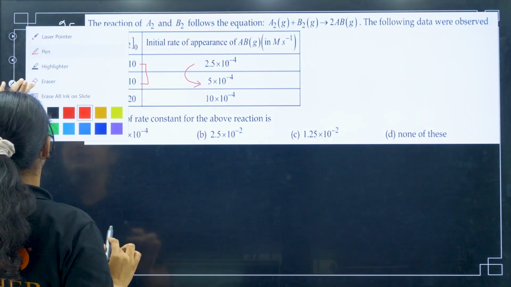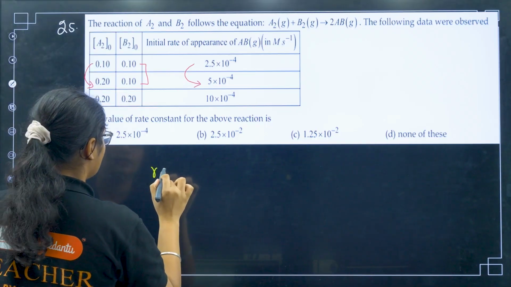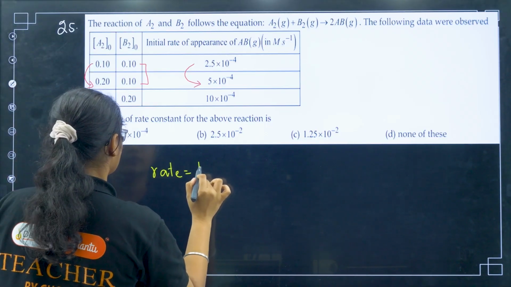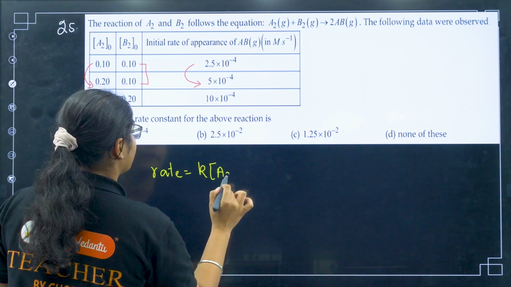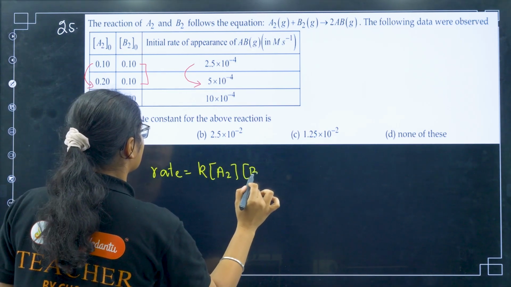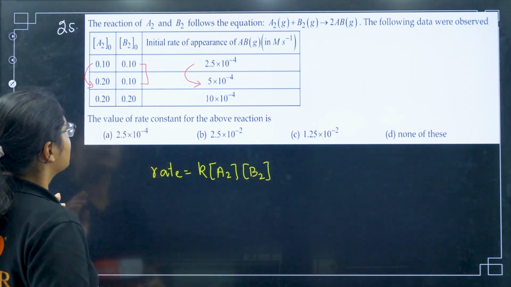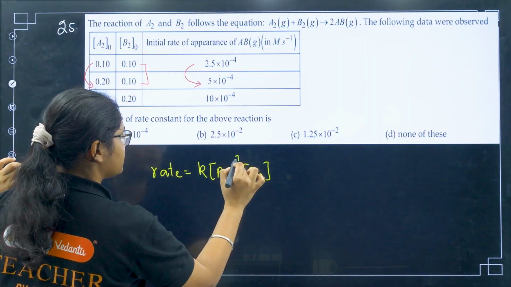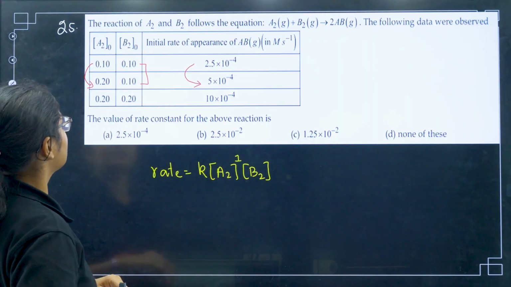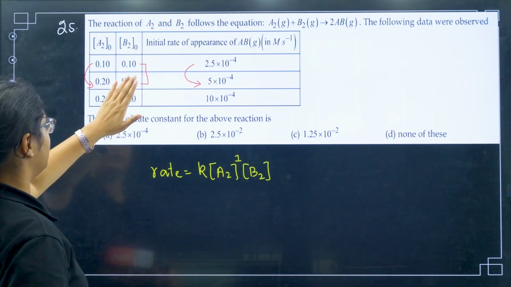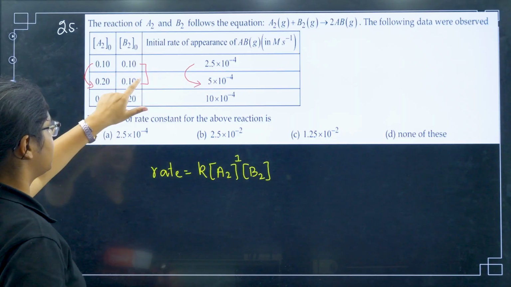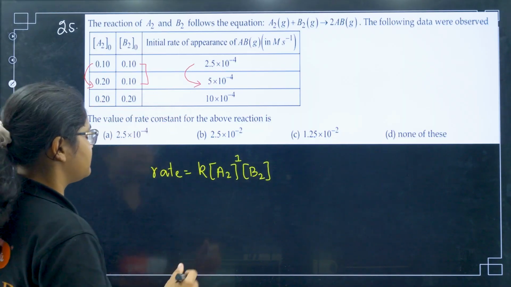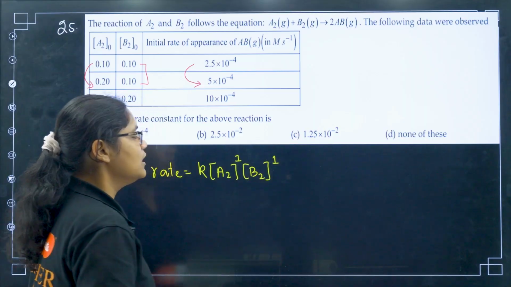So I can say that I have rate equal to K into A2 into B2. Now what happens when this one is doubling, rate is also doubling. So with respect to A2 it is 1. Now with respect to B2, I want to keep A2 constant, so here it is doubling, here also doubling. So that means with respect to this one it is also first order.